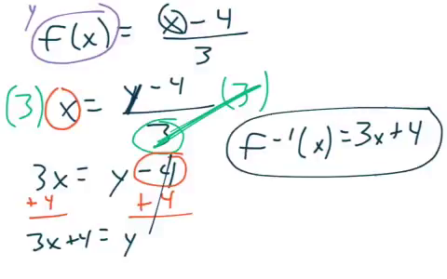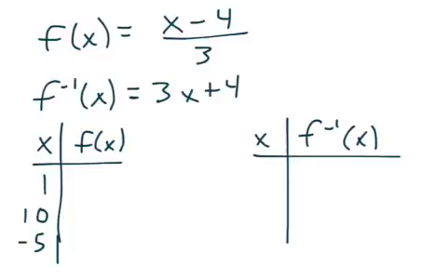And so that again is how you find the inverse. Switch the x and y, solve for your new y, and that new y is your inverse function because everything went backwards.